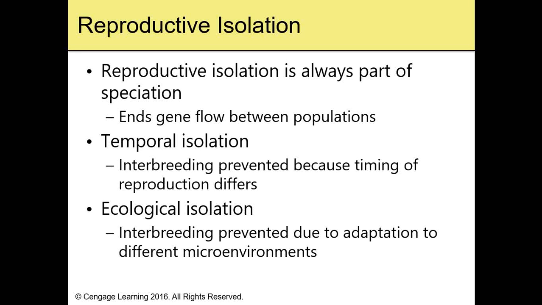Temporal isolation prevents interbreeding because the timing of reproduction differs. A really good example of this are little peepers, the little frogs that we have here. There are several different species of frogs that just do their breeding activities at different times. One species will breed maybe in April, another maybe in May, another in August or something like that.